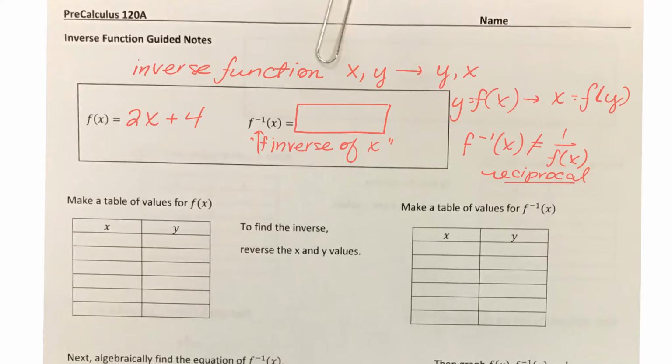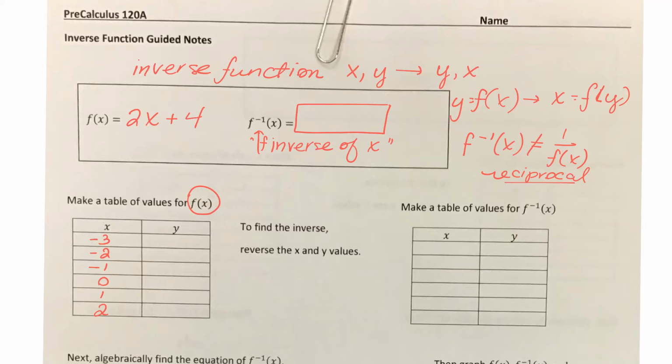The first thing we're going to do is make a table of values for f of x. Let's start with negative 3, negative 2, negative 1, 0, 1, and 2. For the table of values, we're just going to plug those right in and get some numbers.